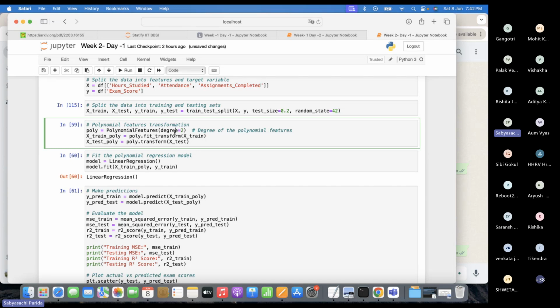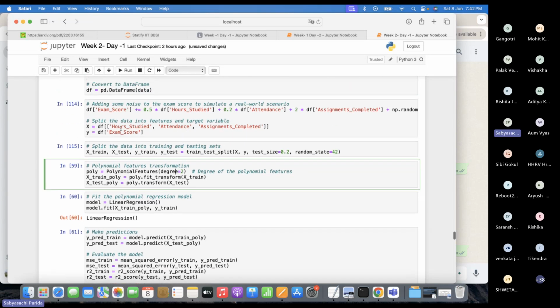So this is a degree of 2. I am creating x square terms. For every feature that I have, like hours studied, attendance and assignments completed, for each of these I am creating another term, like hours studied square, attendance square, assignment completed square.